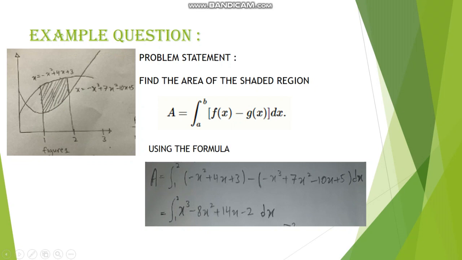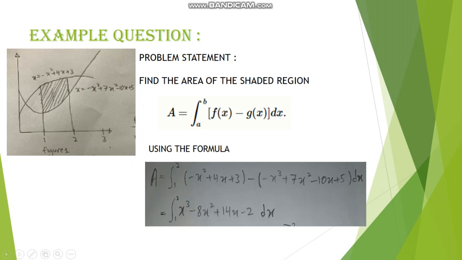So now, using the formula above, we need to substitute the top function that is here, and the lower function. These are the lower function.